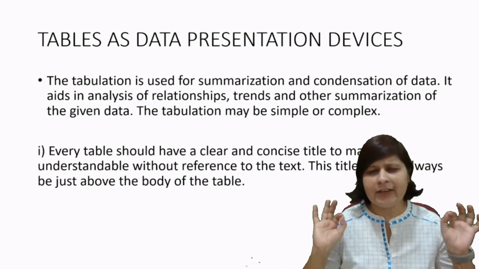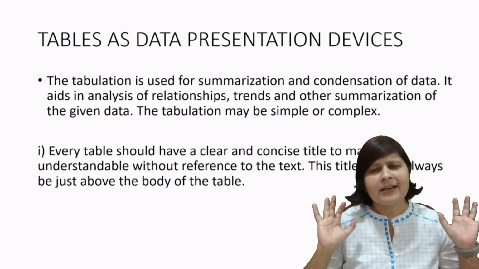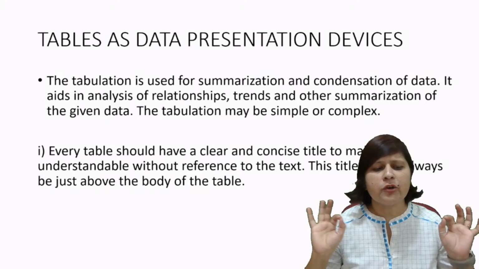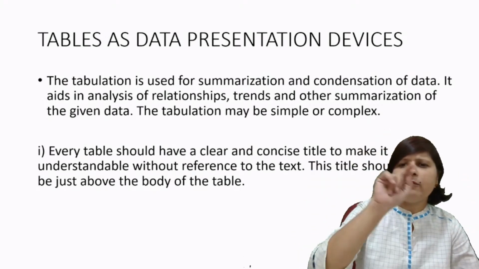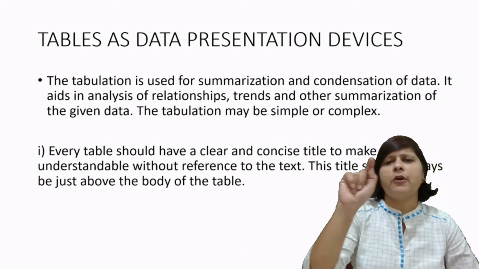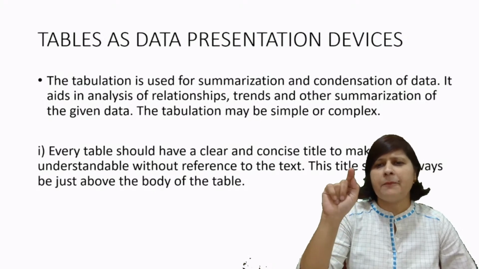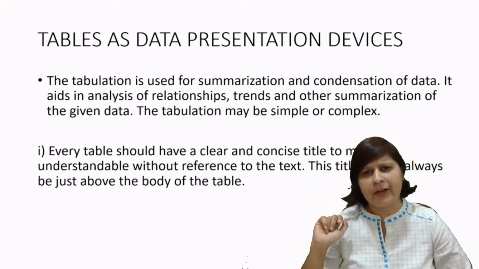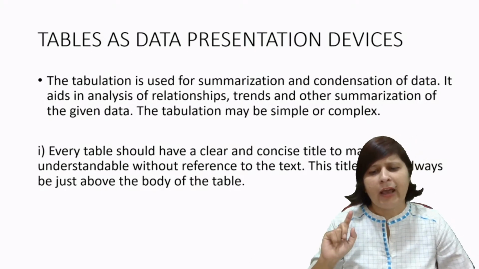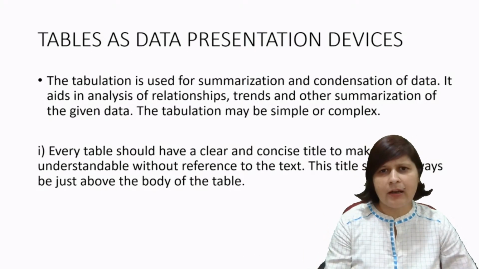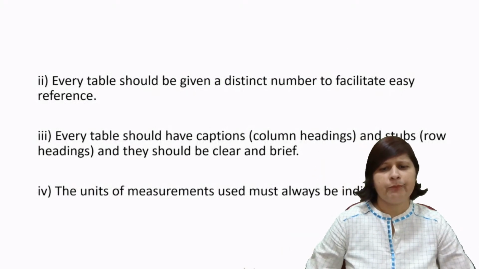It should be self-explanatory. There should be no need to go through the text of the table. The title should always be just above the body of the table so that anyone can make out this is the profit table of company A, or the comparison of company A on the basis of profit, right? So every table should have a clear and concise title, and it should be at the top of the table.